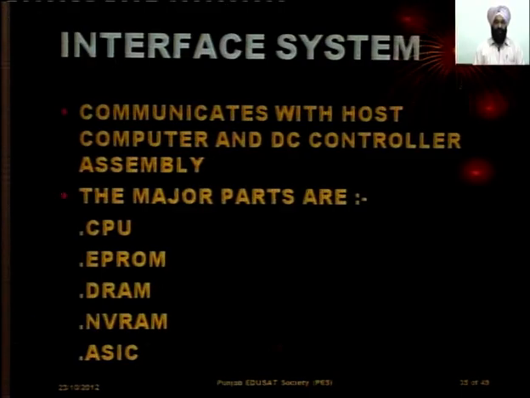The major parts of the interface system are CPU, EPROM, dynamic RAM, non-volatile RAM, and the most important part is the application specific integrated chip. This application specific IC is also used in the interface system of the laser printer.